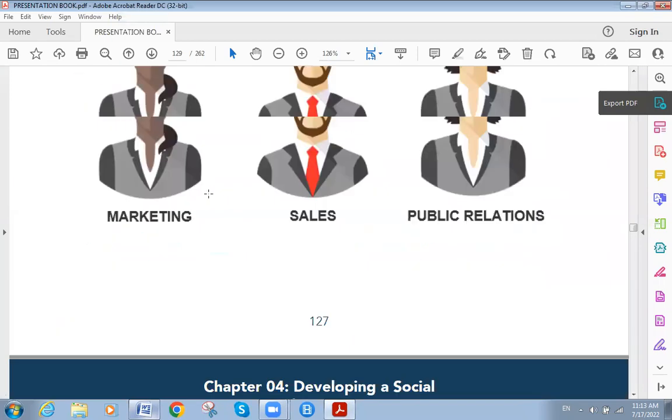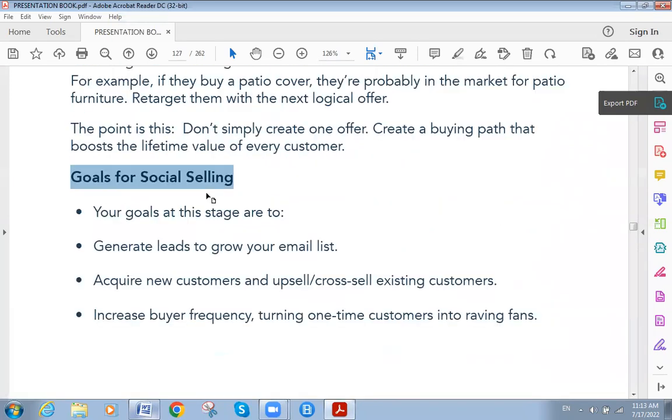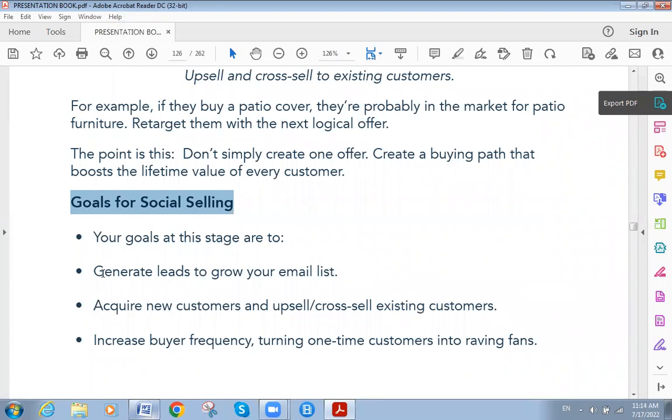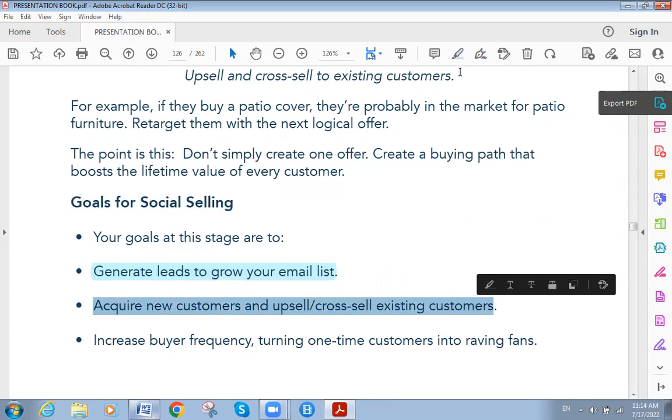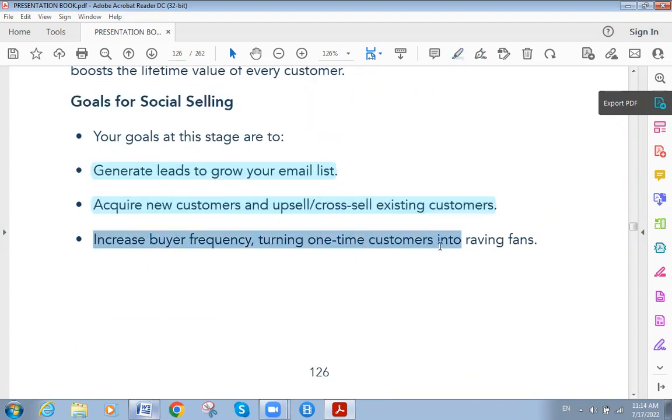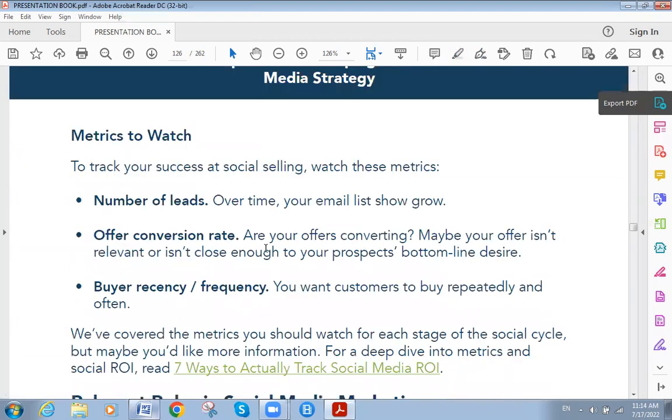So the goals of social selling, like you see here, like we talked before, are to generate leads, acquire new customers, and increase buyers' frequency.